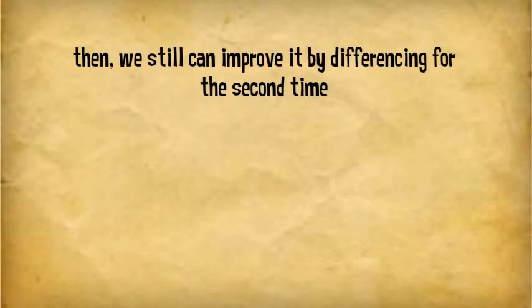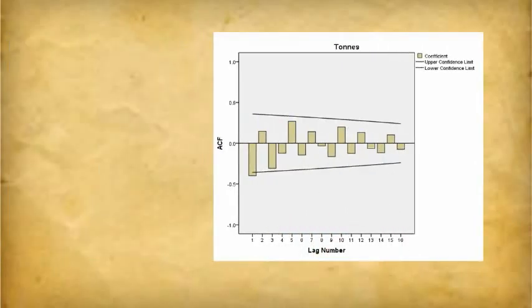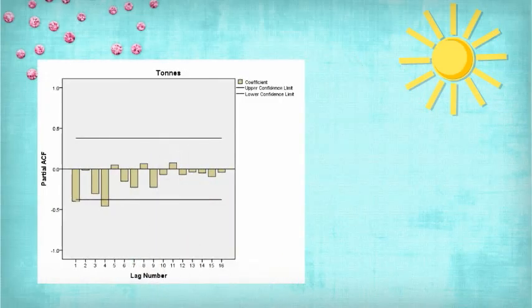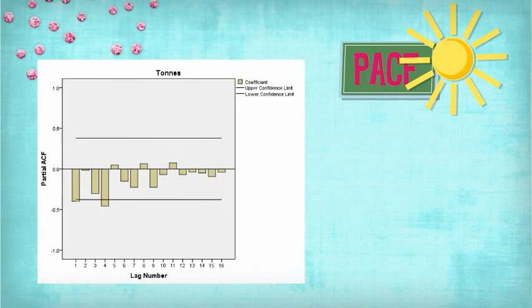Then we can improve it by differencing for the second time. The ACF graph after differencing for the second time, and the PACF graph after we difference for the second time.